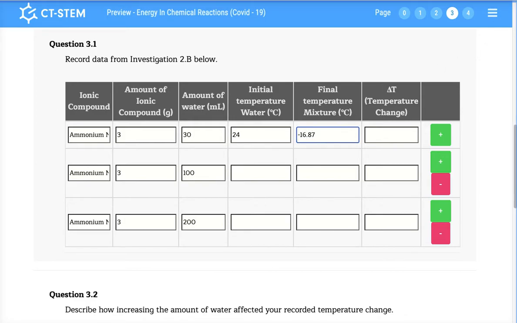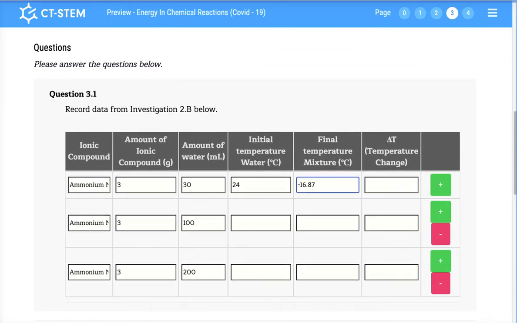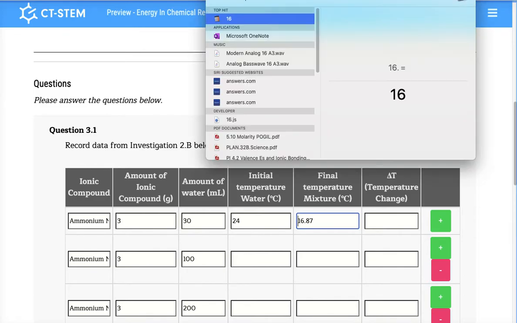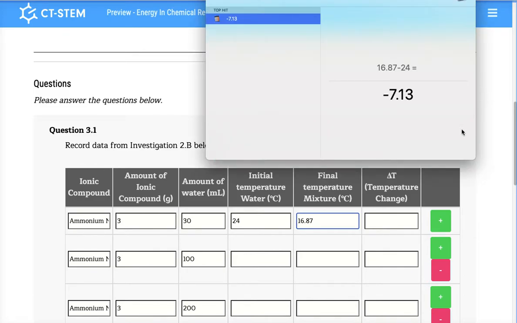Okay, and then I just need to find my temperature change. Whoops, that should not be a negative number, I'm sorry. 16.87 minus 24, we end up getting negative 7.13.